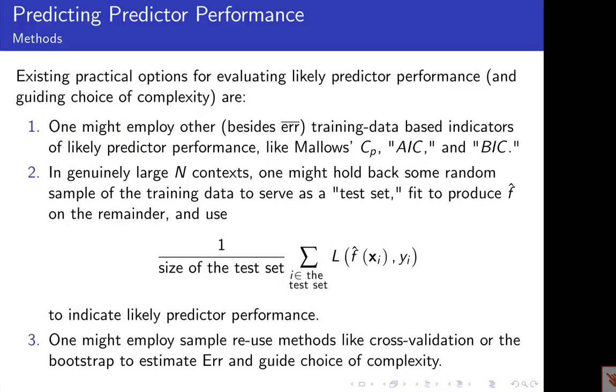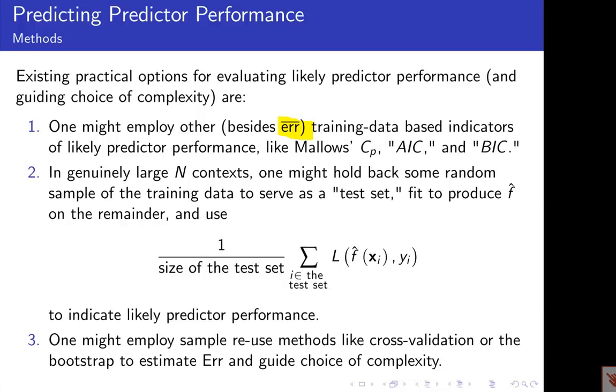What one might try to do is to employ other measures besides ERR bar. There are things like Mallows' Cp, AIC, BIC, things like adjusted R squared and so on that one might try to use to predict predictor performance.